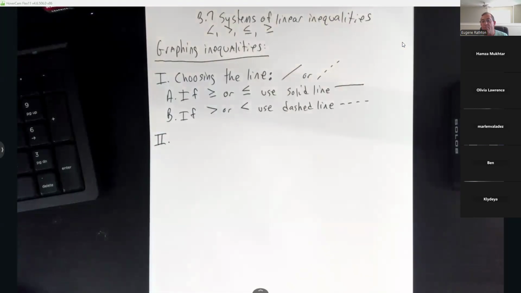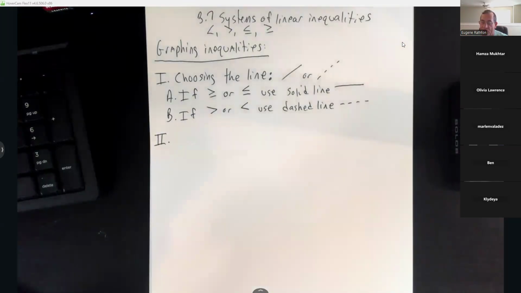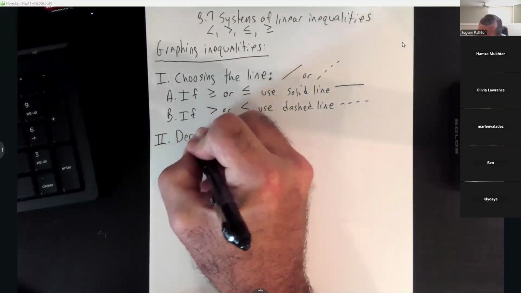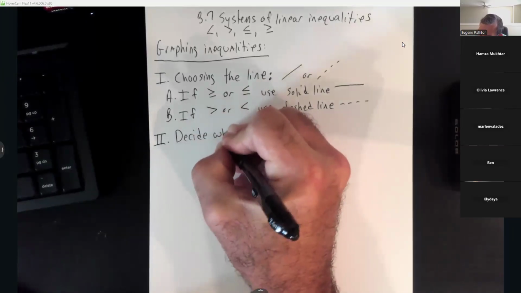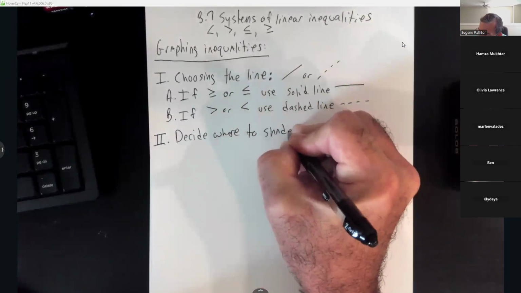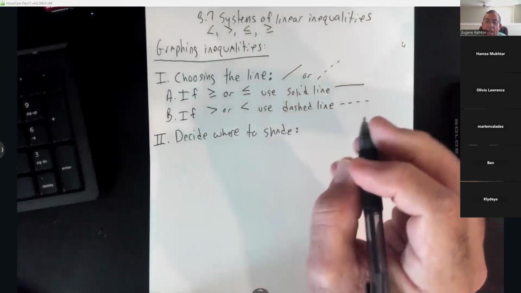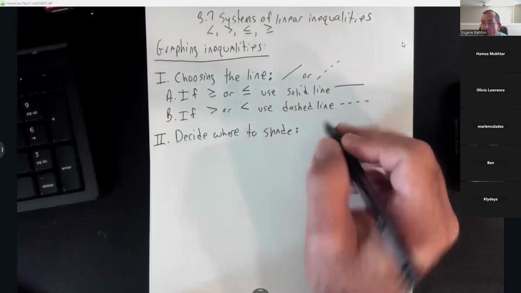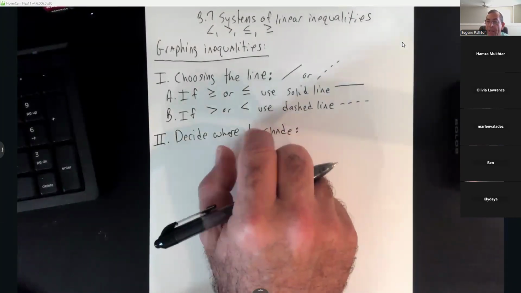All right, so there are many solutions to these graphing inequalities. To represent all the solutions, we're going to shade the graph. So decide where to shade. Now in MATLAB, when we shade, there's a little paint can icon and you just drag it to where you want to shade and let go.